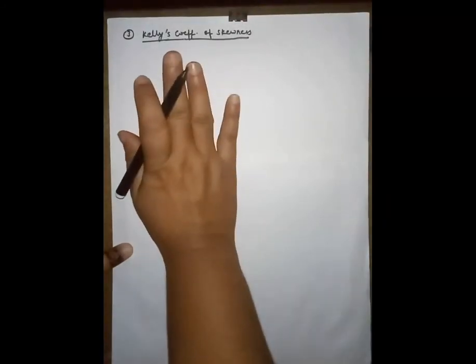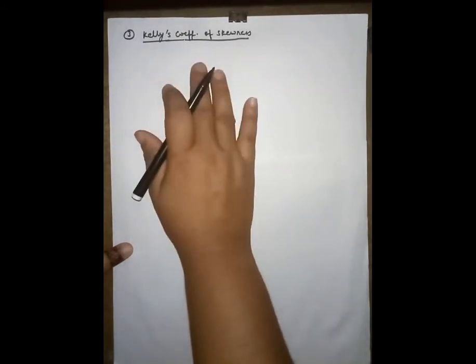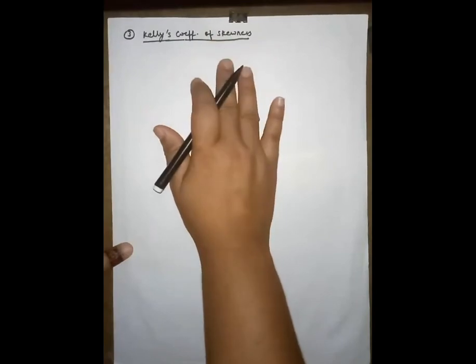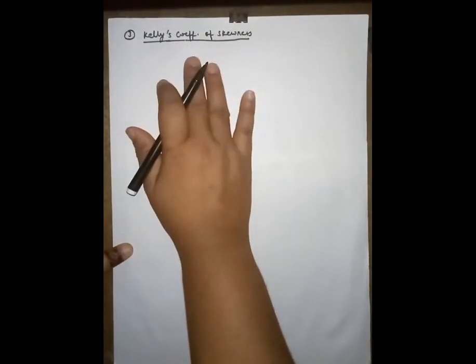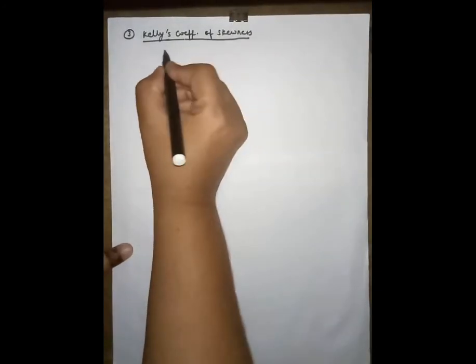Friends, this is called Kelly's coefficient of skewness because Kelly developed another measure of skewness which is based on percentiles and deciles.